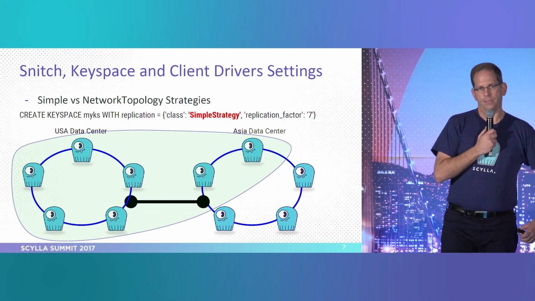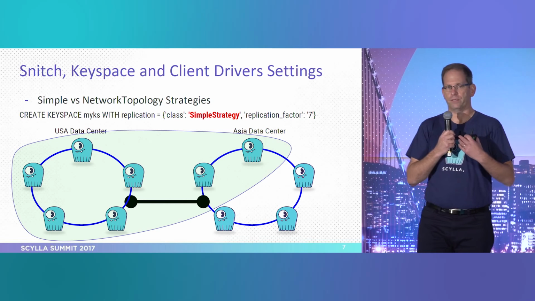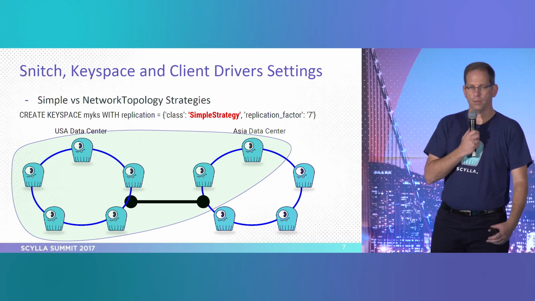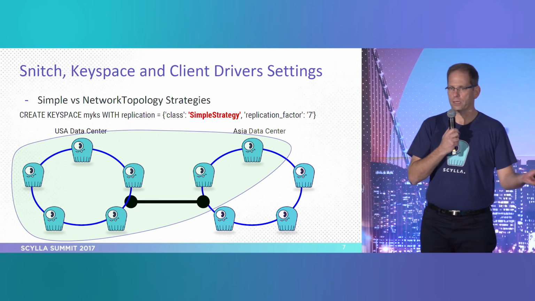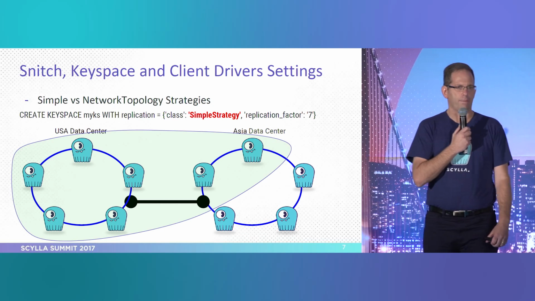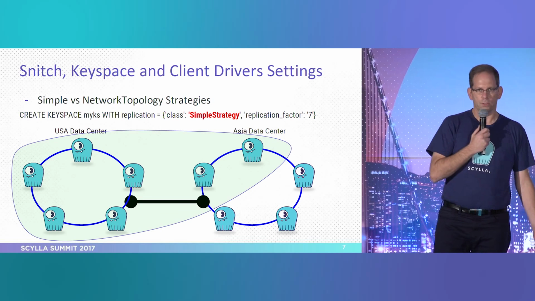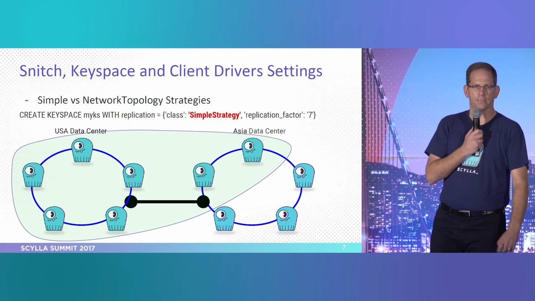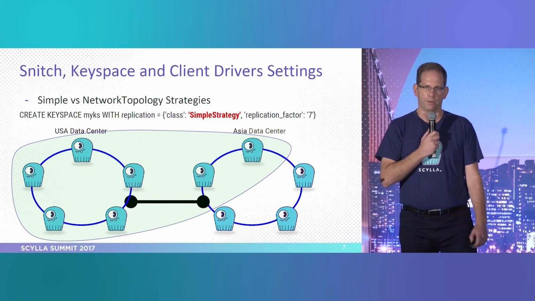What's going to happen if you use simple strategy when creating your key space, and this is something that we've seen as well, is miscommunication between the operational part and the developer part. Operations brings up a new cluster, everybody is happy, and then developers start to create key spaces and tables. They will go to Google, find the fastest way to create a key space and put it into their data model. And what's going to happen is it will use simple strategy.